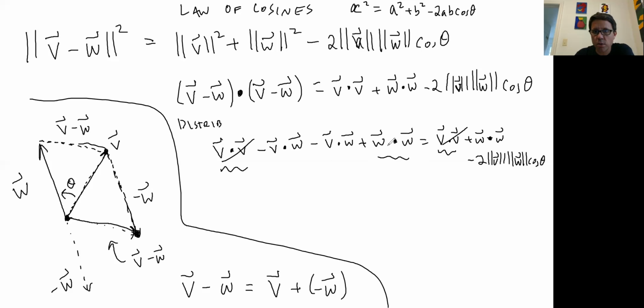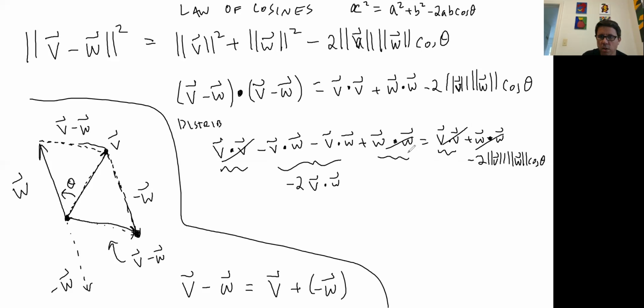W dot W, I can cancel those because they're the same thing on the other side. So what I'm left with is just 2 copies, so minus 2 V dot W. That's V dot W, that's V dot W. They're both subtracted, so I get minus 2 copies of that.